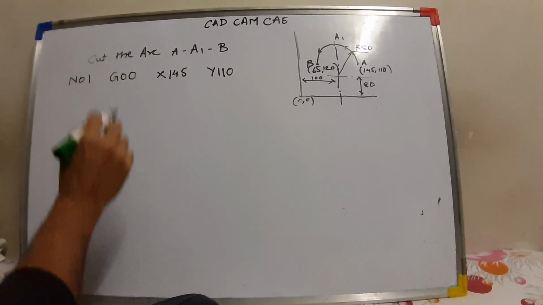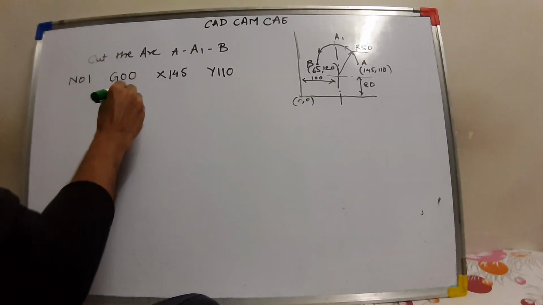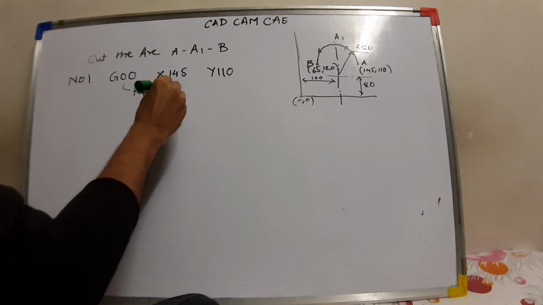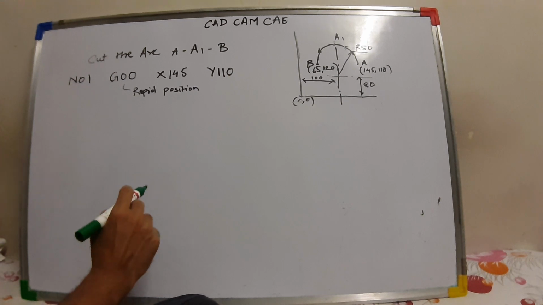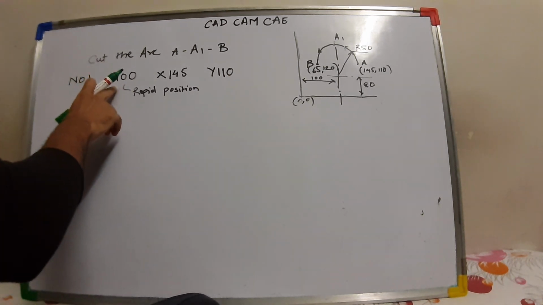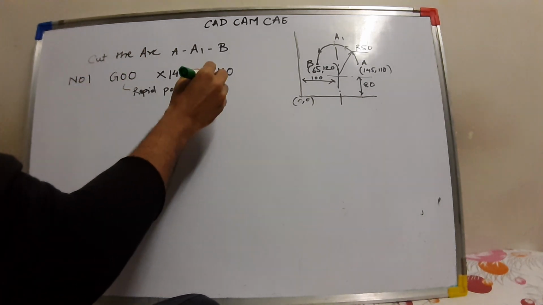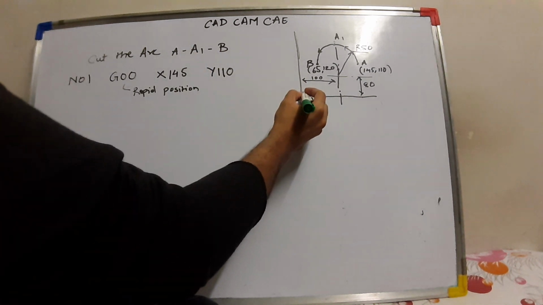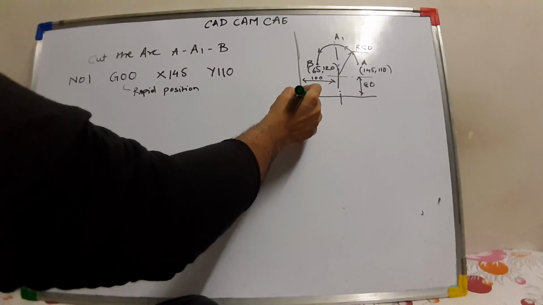G00. What is the meaning of G00? Rapid positioning. Now what is happening here is your cutting tool is moving to X145, Y110. Initially your cutting tool is at the reference point, 0,0.